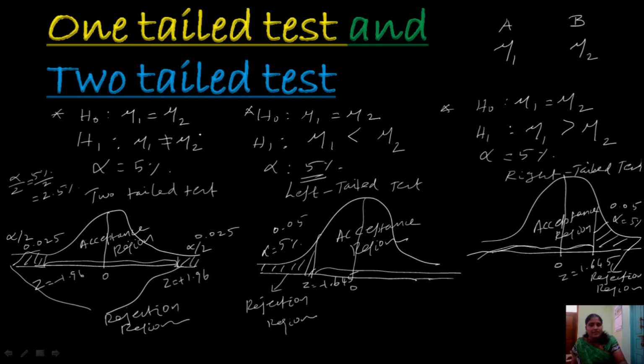If there is no difference, we have to take a two-tailed test. If there is a difference, that is one is superior or inferior to the other, we make use of lesser or greater symbols. Based on that we have to choose the test, maybe a left-tailed or right-tailed test. So this is how we have to choose the test, that is, one-tailed or two-tailed.